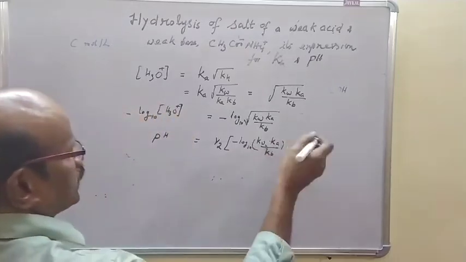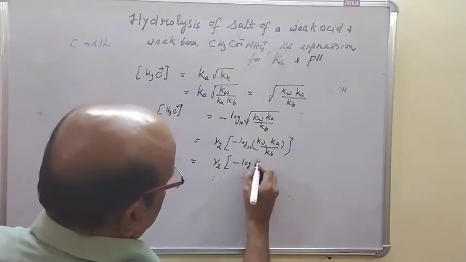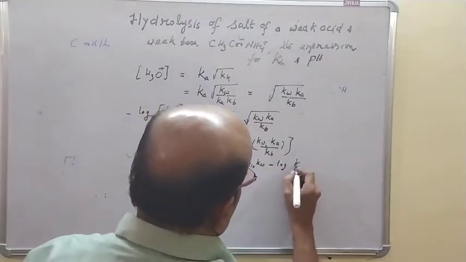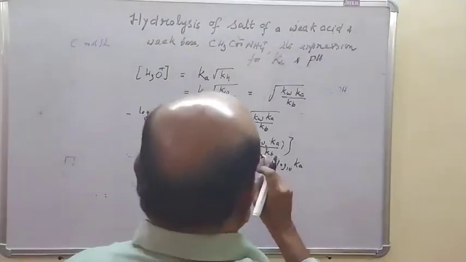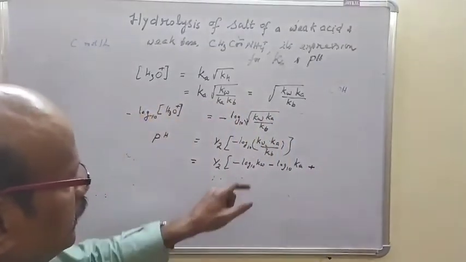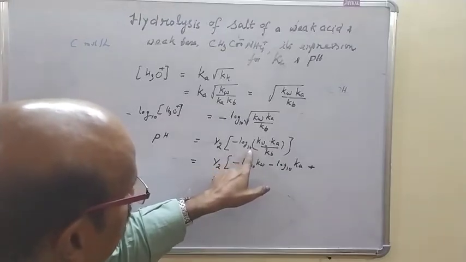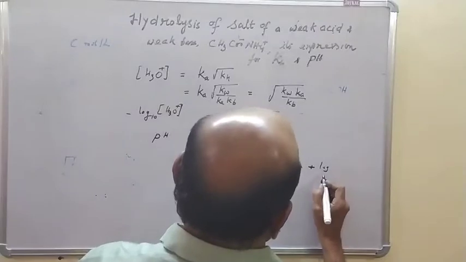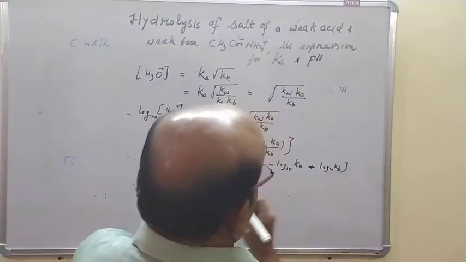So you have to expand this expression: that is equal to half into minus log Kw to the base 10, minus log Ka to the base 10, and since Kb is in the denominator, minus log 1 by Kb is a plus log Kb to the base 10.